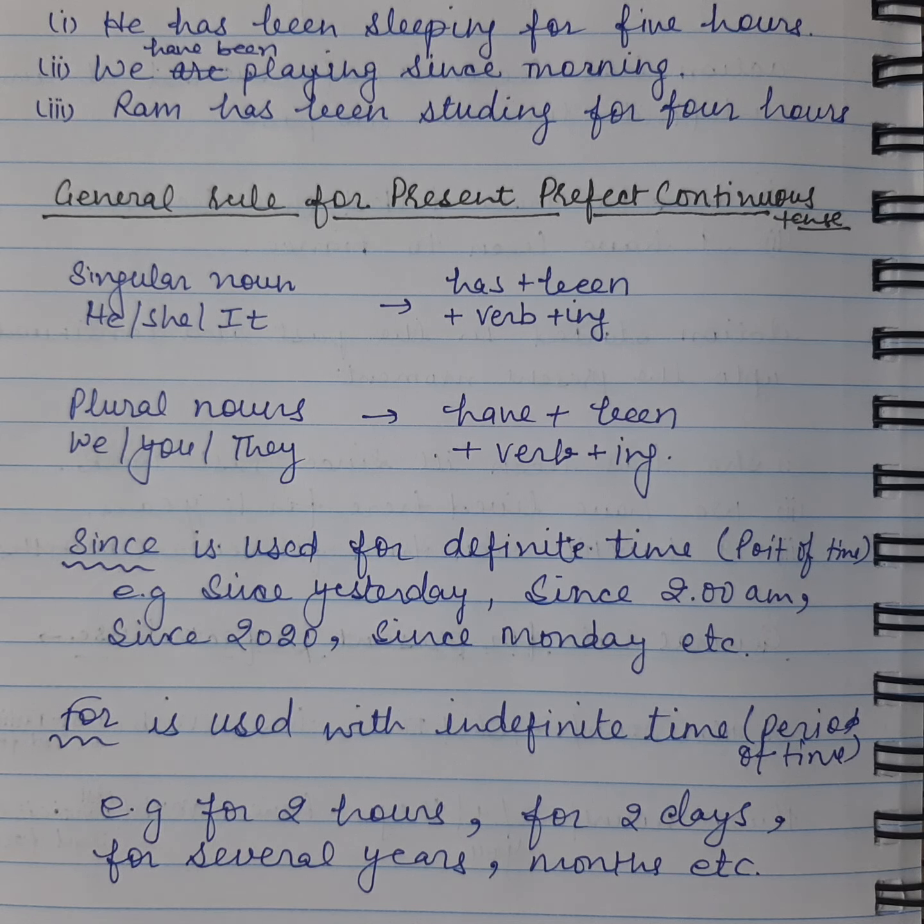For is used with an indefinite time or a period of time. For example, for 2 hours. We do not know if it's 2 hours in the morning or in the afternoon. For 2 days, it's indefinite. For several years, indefinite. For several months. These are examples where we use for, and when we have a definite time, we use since.